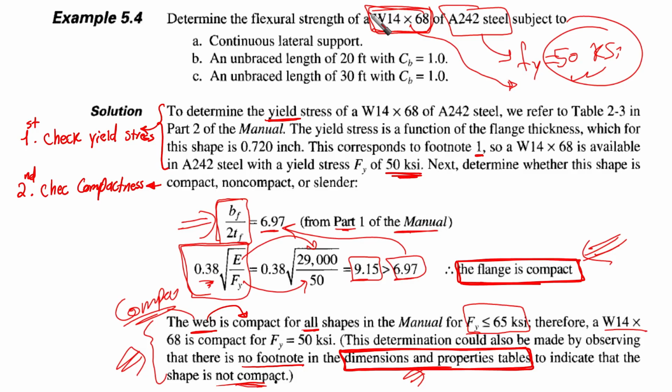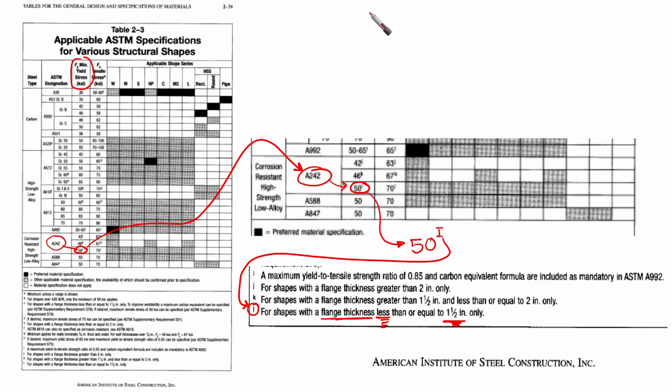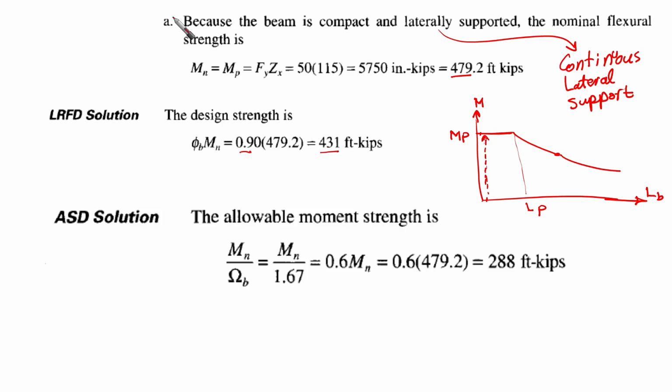Now let's go to the first requirement, which is A. The beam is compact and laterally supported, meaning continuous lateral support. So the nominal flexure strength is going to be, without thinking too much, our L_b, our braced length, is almost like 0.